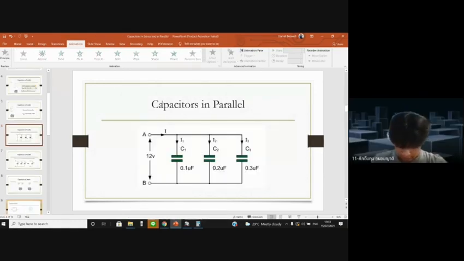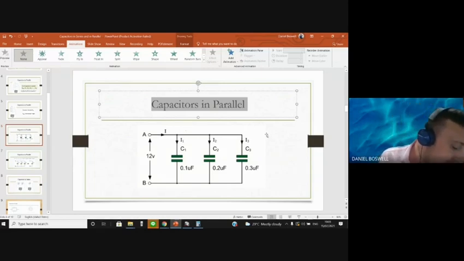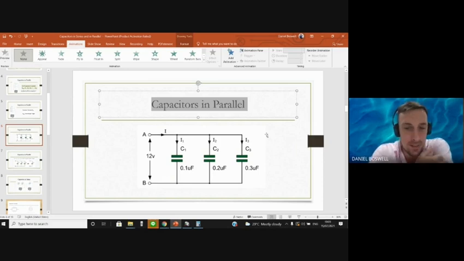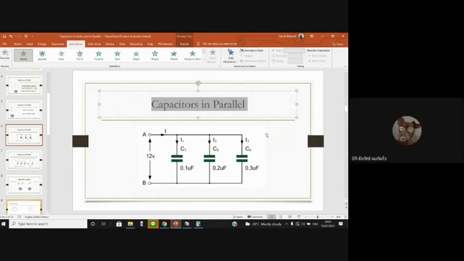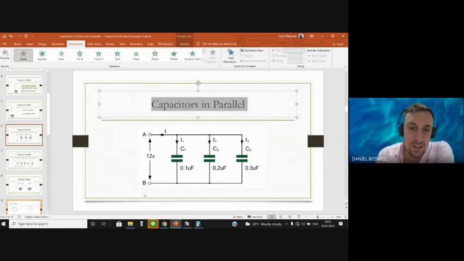So capacitors in parallel again. Can you tell me how we find the capacitance total? How do we find CT? Explain.